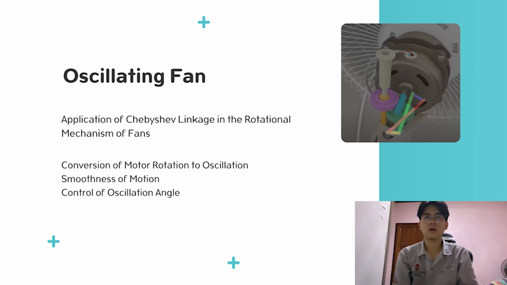With the design of the Chebyshev linkage, the fan can precisely control the angle of oscillation, enabling it to distribute air at desired angles such as 90 degrees or 180 degrees. Additionally, the oscillation angle can be adjusted to meet user preference.